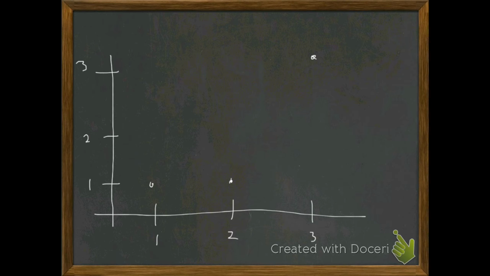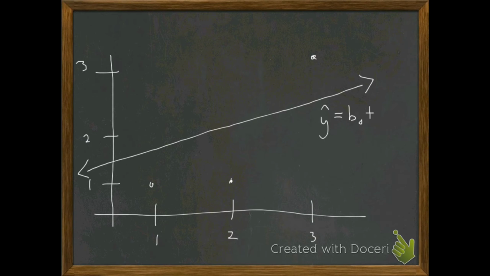Now, let's not create a line with a given slope, given intercept. But let's just look at a line in general.